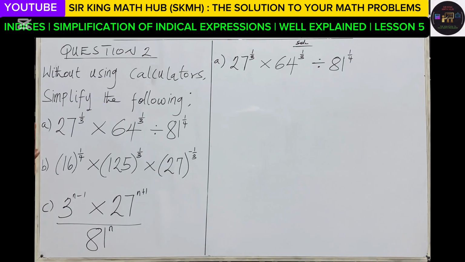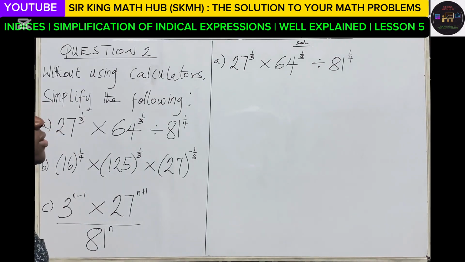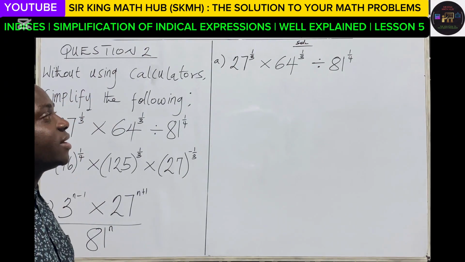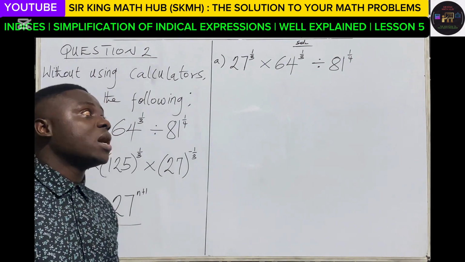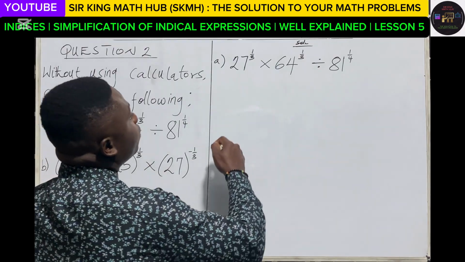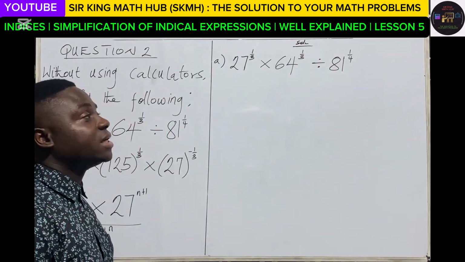Let's begin with A. We have 27 exponent 1 out of 3 multiplying 64 exponent 1 out of 3 divided by 81 exponent 1 out of 4. The first step, we want to do away with the fractional index. So how do we do that?